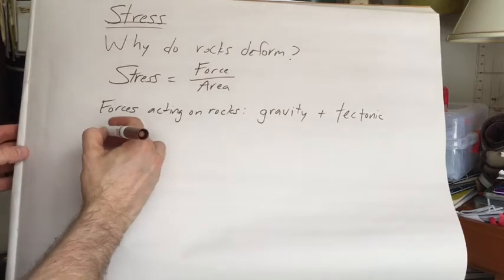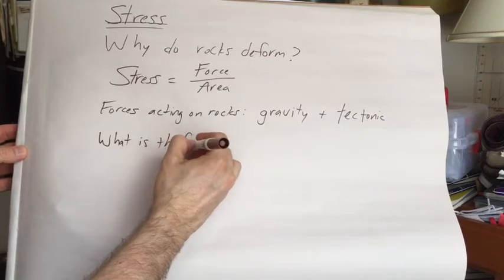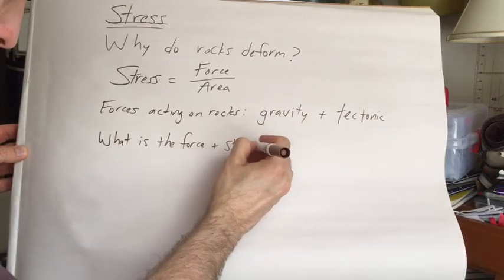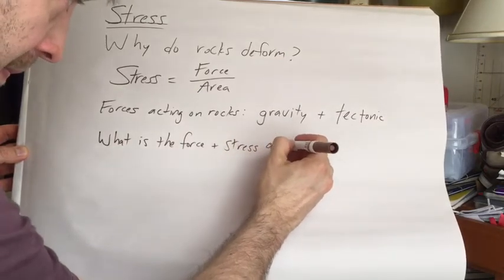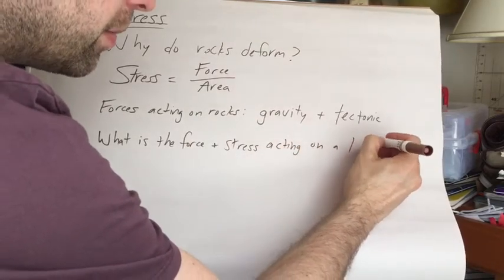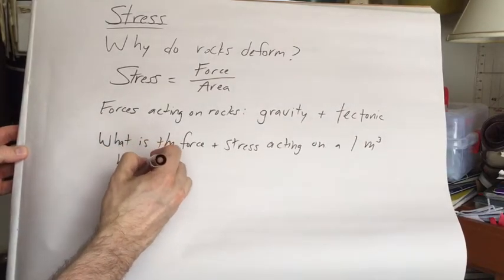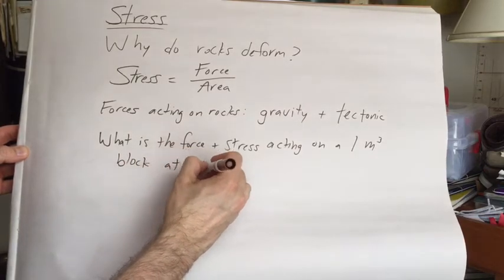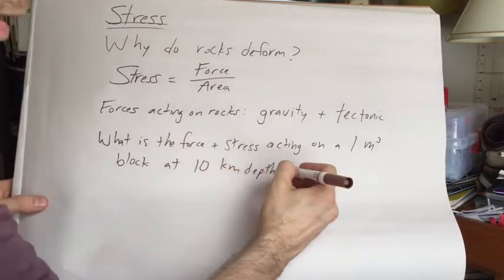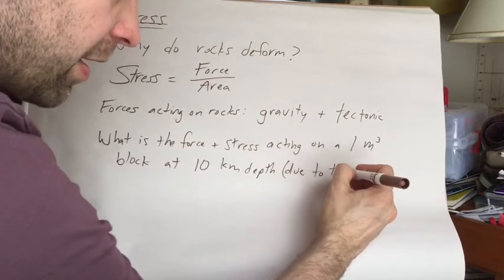So the question is, what is the force and stress acting on a 1 meter cube block at 10 kilometers depth, due to the overlying column of rock?